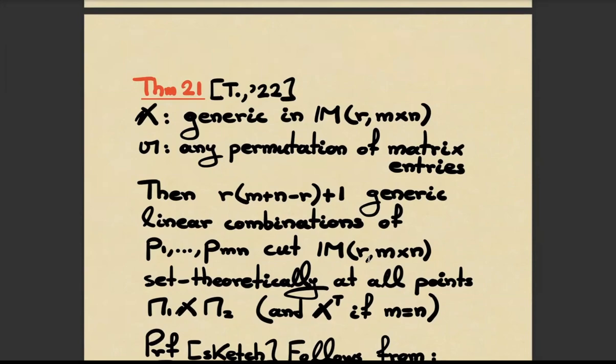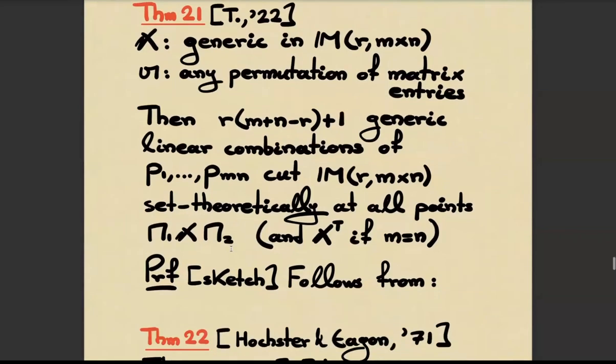So if I cut with dimension-many hypersurfaces, I will get finitely many points. So I will get X, its innocent permutations, and maybe some other garbage points. But if I cut with one more generic linear combination, then the garbage points will be removed.